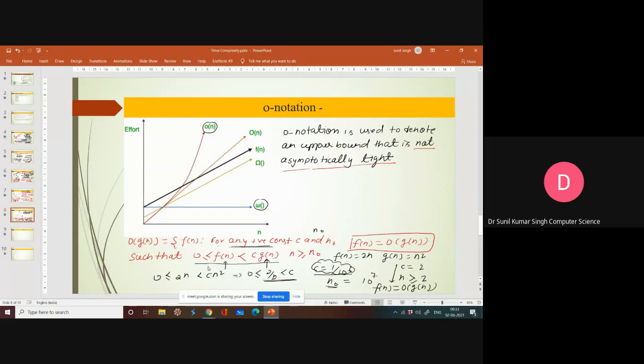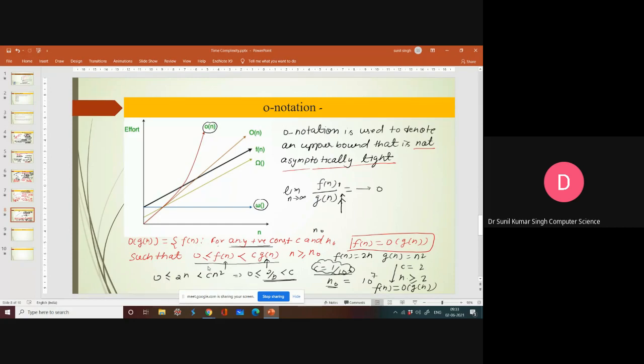So we can define it as the ratio of f(n) divided by g(n), with limit n tends to infinity. Infinity indicates that for very large values, g(n) is going to be very high in comparison to f(n). Dividing a small number by a very high value will tend to 0.